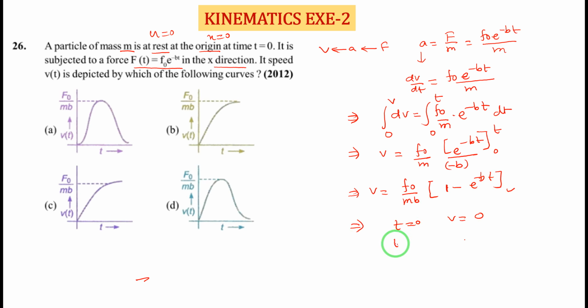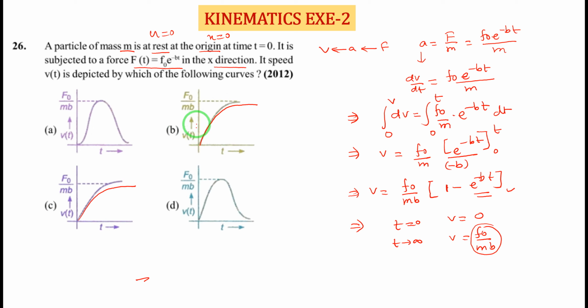And at t tends to infinity, v will become F naught upon mb, because the second term will become 0. So we see that the maximum limit of the velocity is like this. So the answer would be either B or C, because both are going like this.